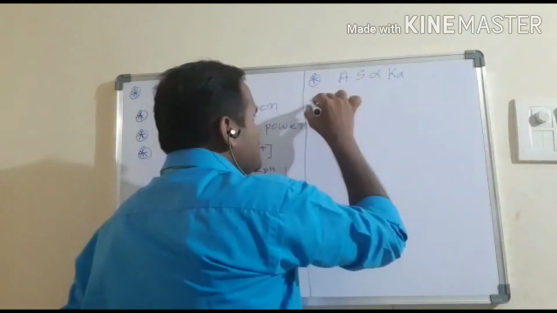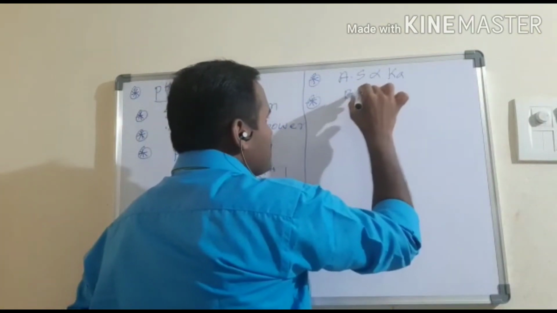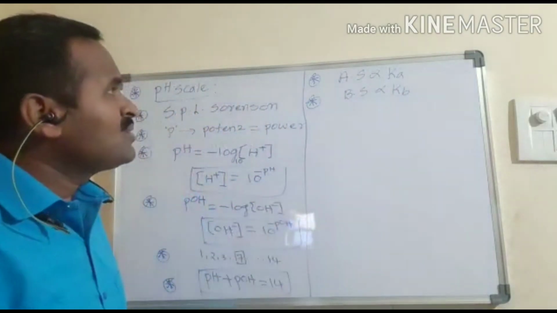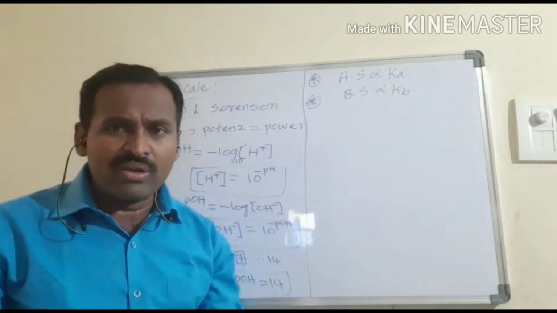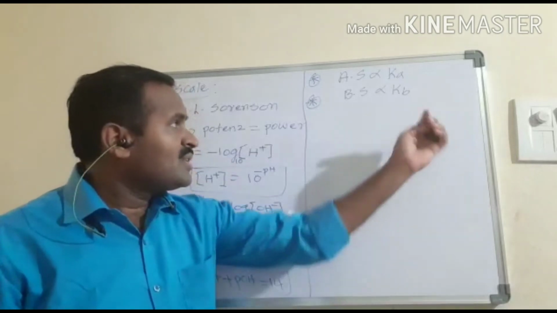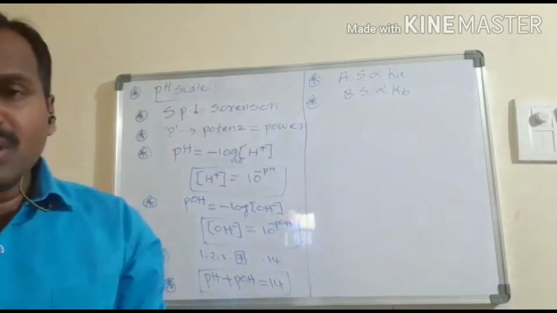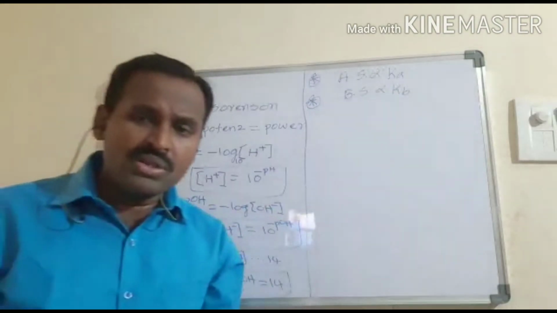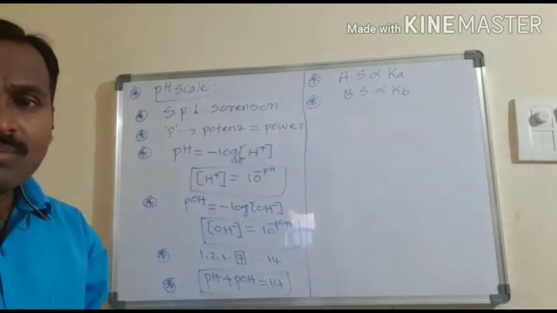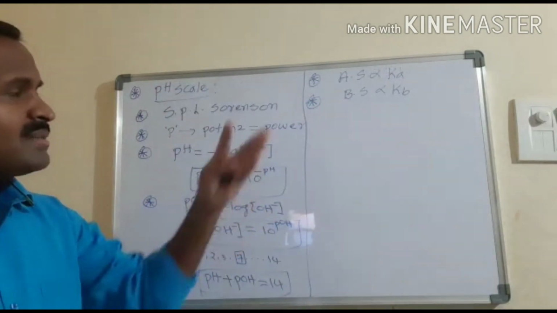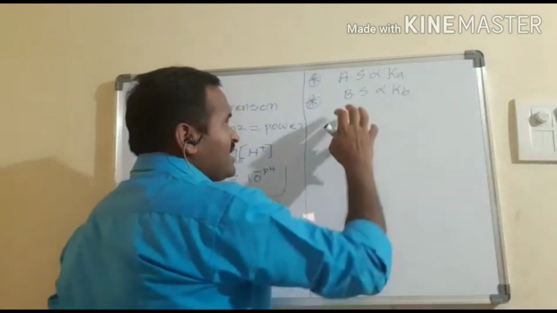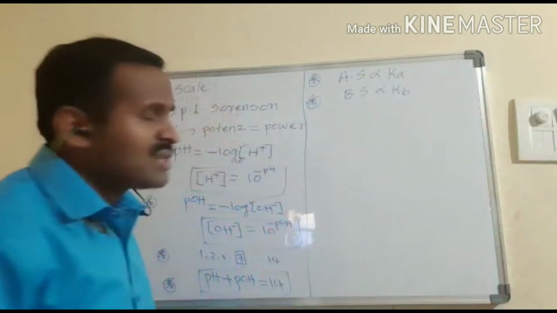Acidic strength is directly proportional to Ka, and basic strength is directly proportional to Kb. The more the Ka value, the more the acidic strength, and the less the Ka value, the less the acidic strength. Likewise, if the Kb value is more, the basic strength is more, and if Kb is less, the basic strength is less.